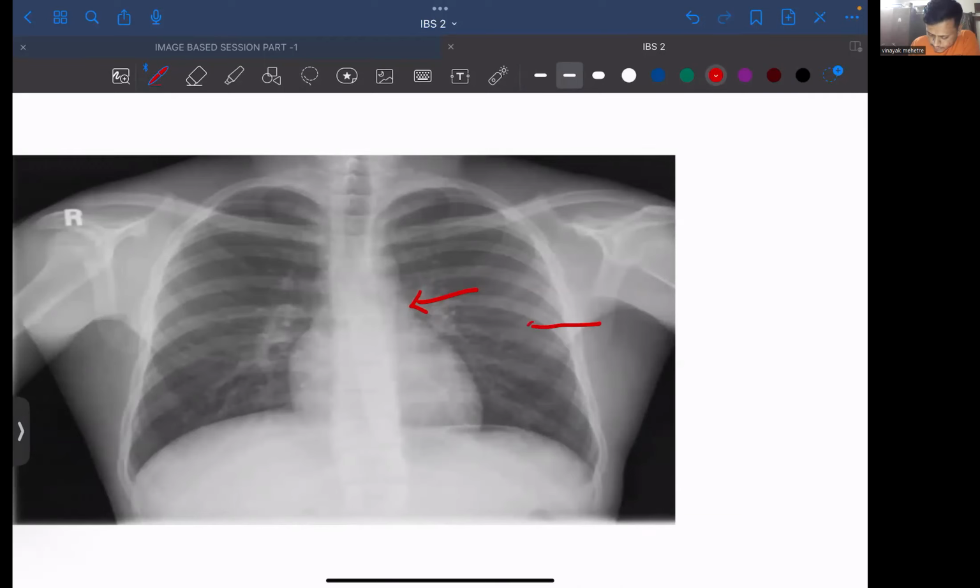What is this? Got the confusion? What is this? And what is this? Right? That's why you get questions again and again. I will draw a diagram. After that, whenever you are getting a question marked on a chest X-ray, please take a look while solving.